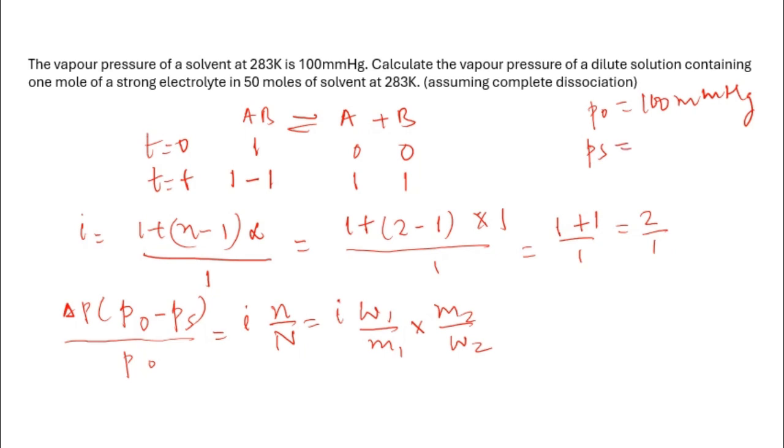What else is given? They have given 1 mole of strong electrolyte. So n equals 1 and capital N equals 50.